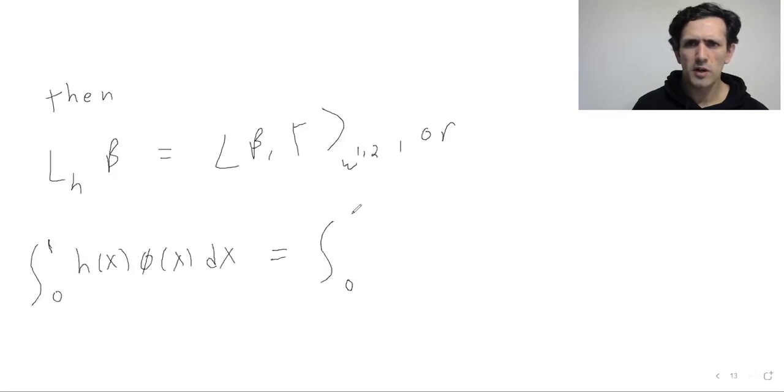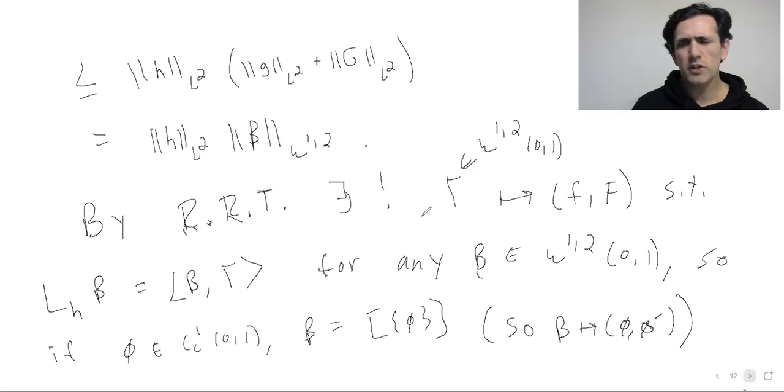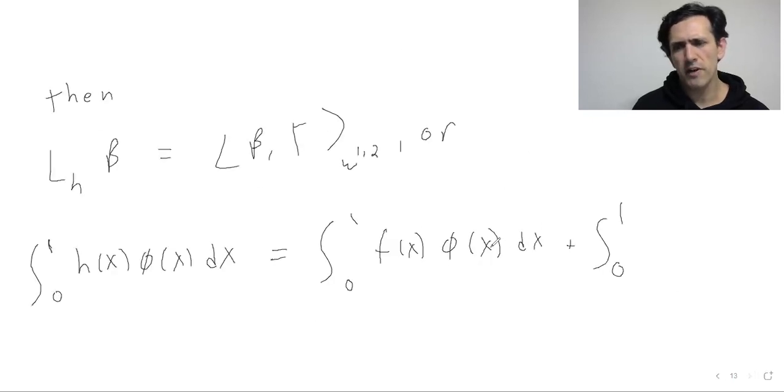So it's the integral from 0 to 1 of f of x, phi of x, plus the integral from 0 to 1. So I guess it really should be phi of x, f of x, but it doesn't matter. Everything's real, so maybe make it a little clearer. This is the same thing as gamma, beta.